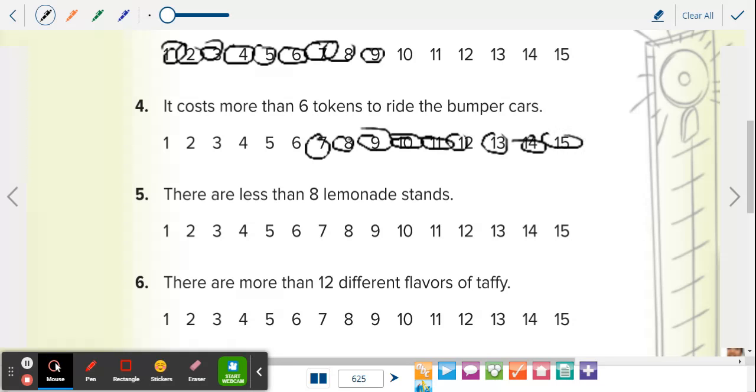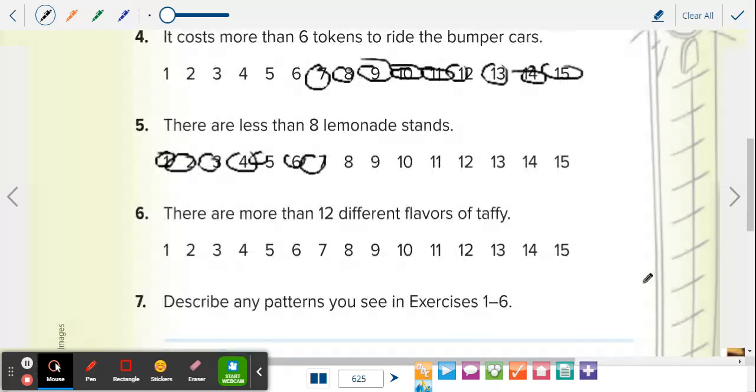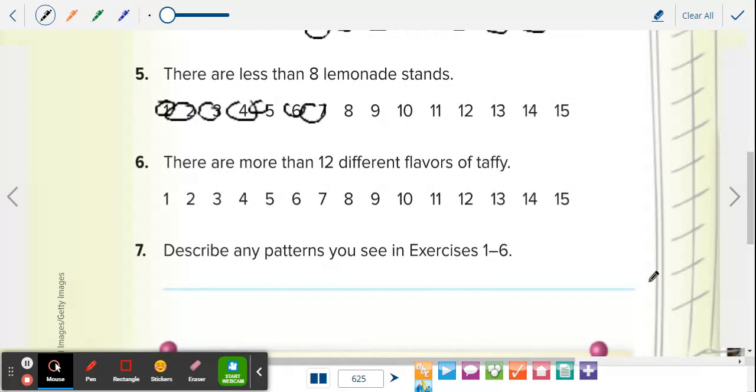Number 5, there are less than 8 lemonade stands. 1 through 7, because it's everything less than 8. And number 6, there are more than 12 different flavors of taffy. 13 through 15.